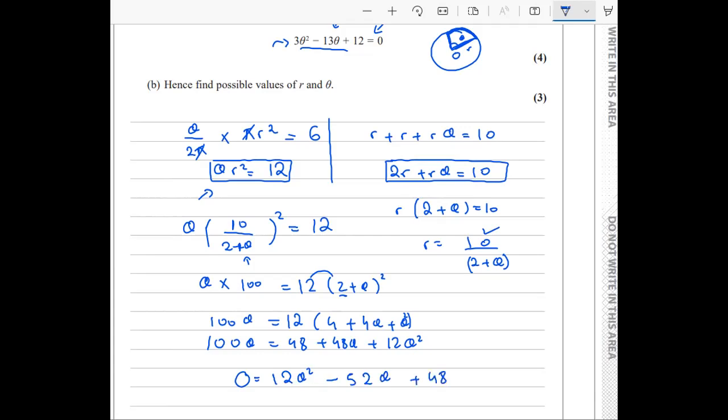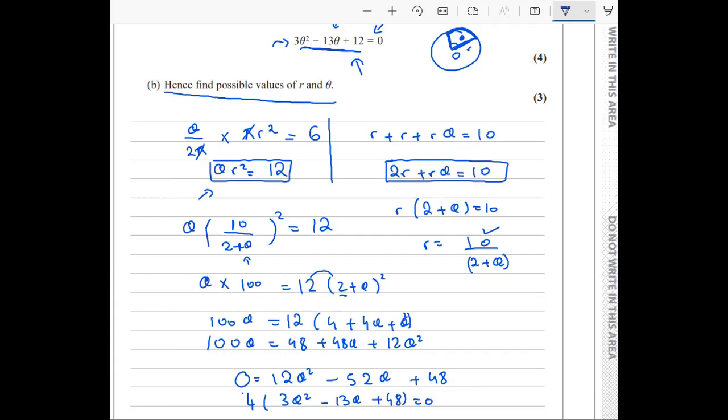Okay, now I have this thing, but I need to take 4 common, and then I will get 3 theta square minus 13 theta plus 12 equals 0, and obviously that is equal to this, right? I can take 4 to the other side. So we have shown this. Did you understand this? Yes, miss. Okay.